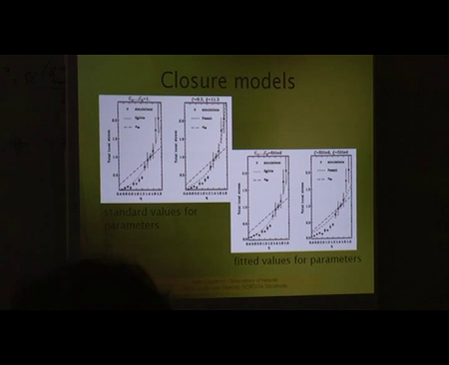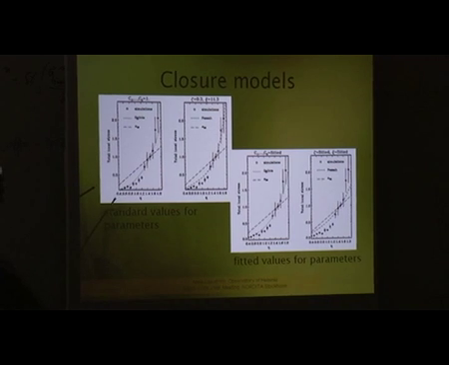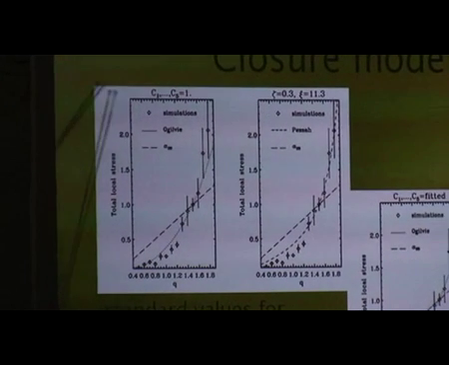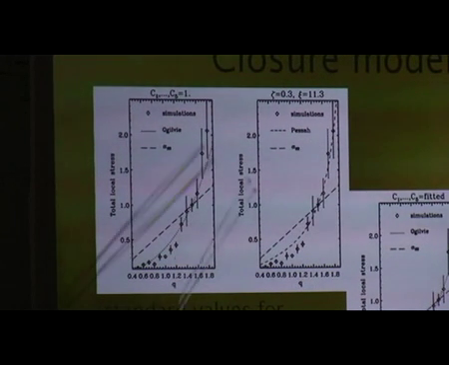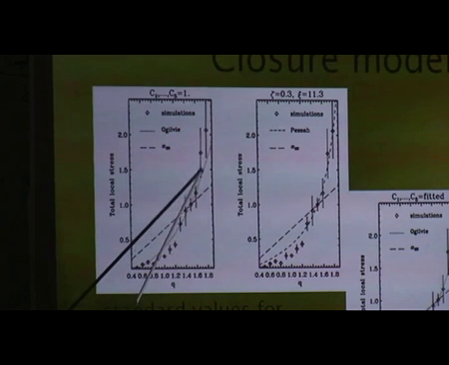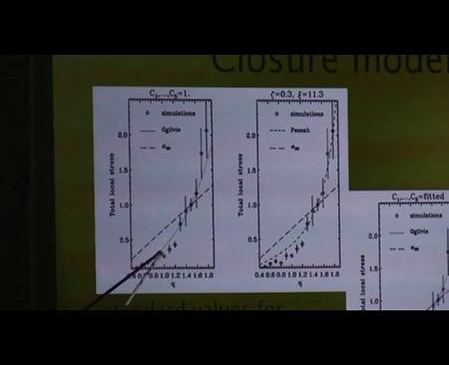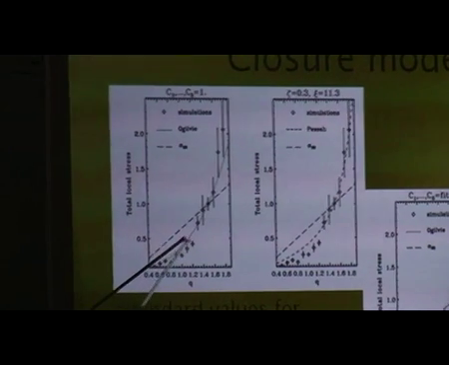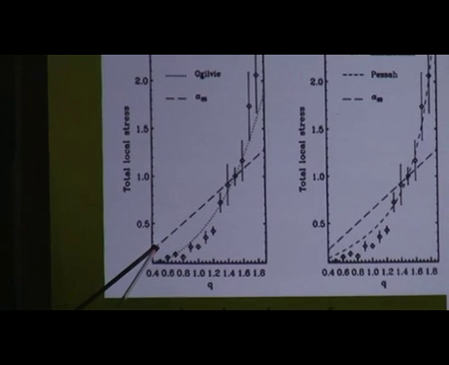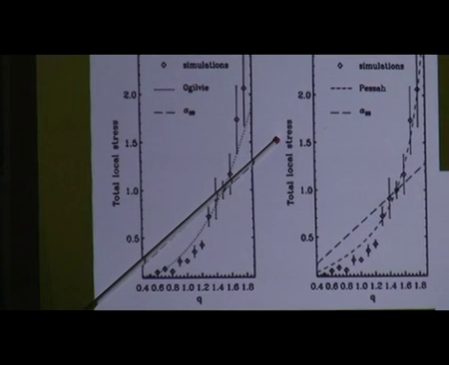So here's what we got. Here we have the total local stress, so these are the Maxwell and Reynolds stresses summed up. This dotted line here is what Ogilvie tells us should happen if we set all the C1 to C5 as unity, and this line here is the output parameter.